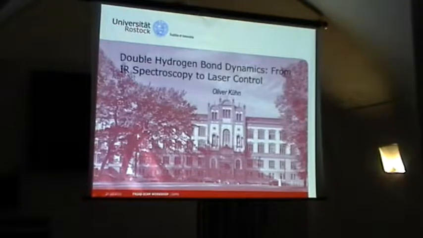This ranges from simple things like zero-point energy to tunneling, up to tunneling at room temperature in enzymes, or up to coherent wave packet motion of hydrogen bonds, which has been triggered by ultrafast infrared lasers. I will come to a particular point here, which is related to double hydrogen bonds.